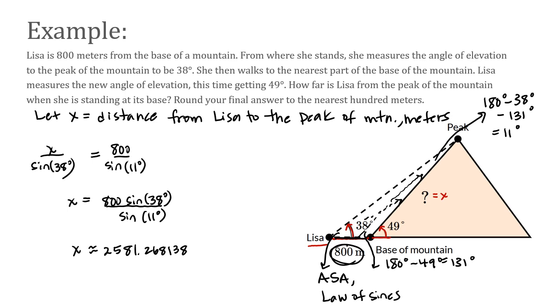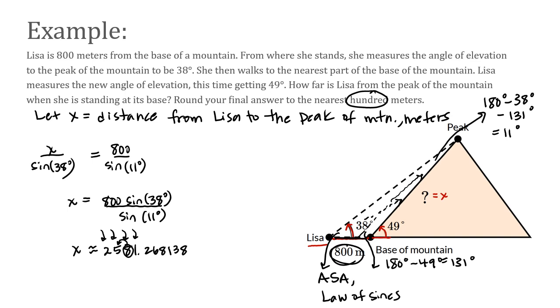Now, this one asked me to round to the nearest 100 meters. That's not hundredth, that's 100. This is the 1,000, this is the 100, this is the 10, this is the 1. So if I round to the nearest 100, this 8 tells me to round up, doesn't it?